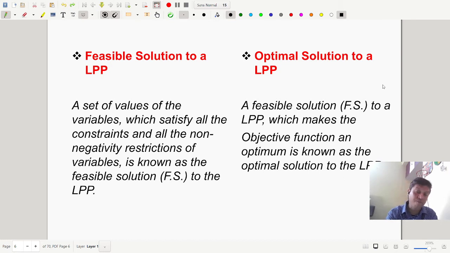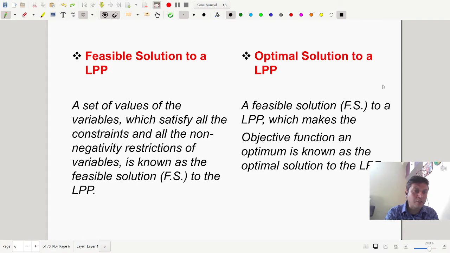So once again I repeat, a set of values of the variables which satisfy all the constraints and all the non-negativity restrictions, whether positive or 0, is known as the feasible solution to the LPP.